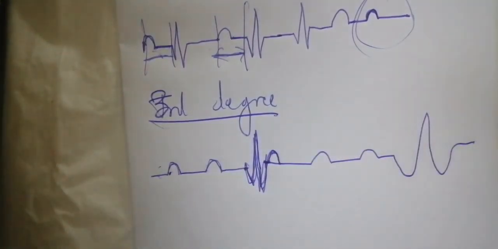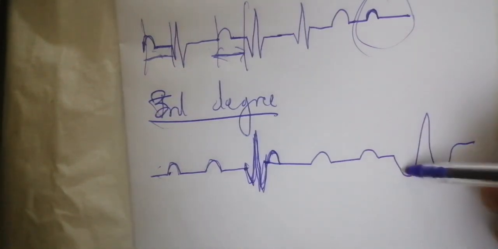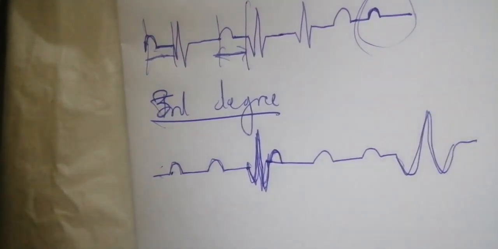Is it clear? The malformed QRS complex comes from the fact that the impulses that go to the ventricles are not the impulses coming from the sinoatrial node. They are infraventricular impulses coming from the bundle of His, or from the junction, or from the bundle branches. Is it clear? They are not coming from the sinoatrial node. So you are going to have a malformed QRS complex.